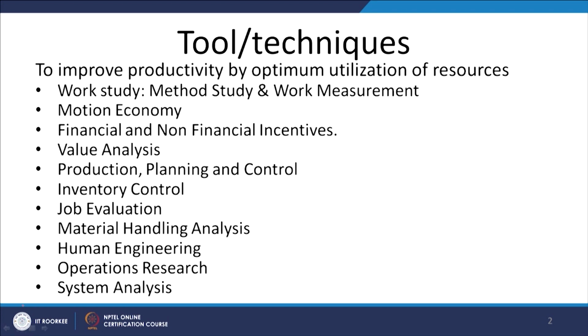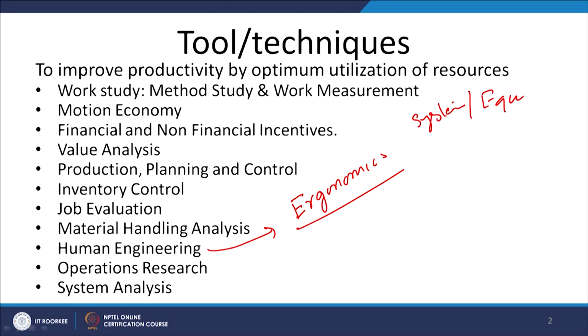Then we have the human engineering. This is also called ergonomics. In human engineering, basically the systems, equipments, and machines are designed in such a way that the efforts required to use those machines by the workers and the manpower is minimum.